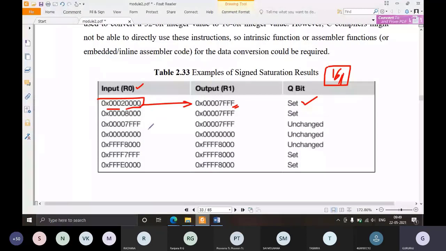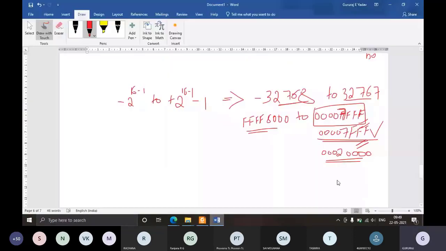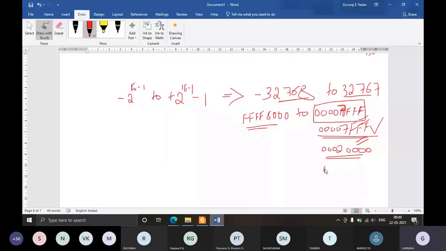Right. So we will go for the next example. So the input value is 0, 0, 0, 0 followed by 8,000. That means it is a positive value. So whether this is within the range? No, this is not within the range.